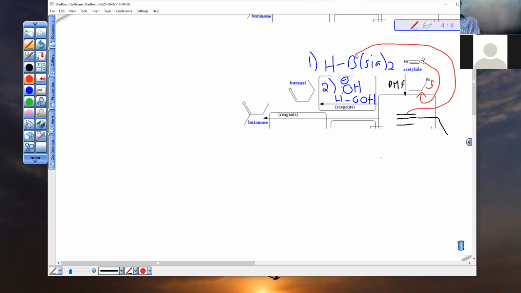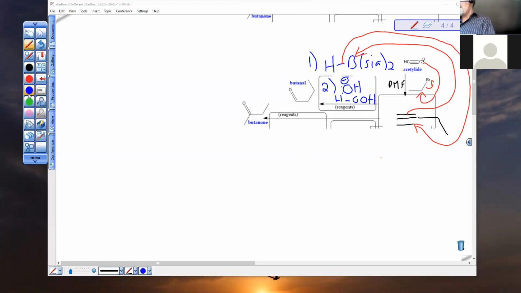Attacking the less positive boron, the bond between hydrogen and boron breaks. Hydrogen keeps the electrons and makes a sigma bond to the more substituted carbon. Both of these arrows happening at the same time means syn addition.